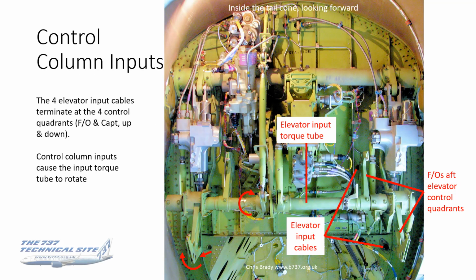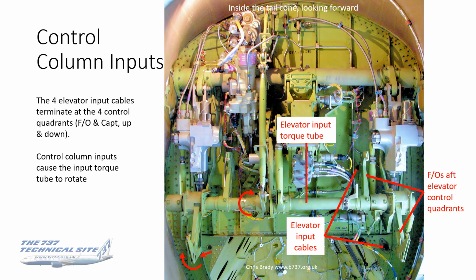Alright, so moving further back down the aircraft, this is now in the tail cone looking forwards. The 4 elevator input cables, which I spoke about earlier, they terminate at 4 control quadrants. The FO's and captain's up and down quadrants, so there's one for each. And if you look down at the bottom of the photograph, you can see that there are 4 quarter quadrants there.